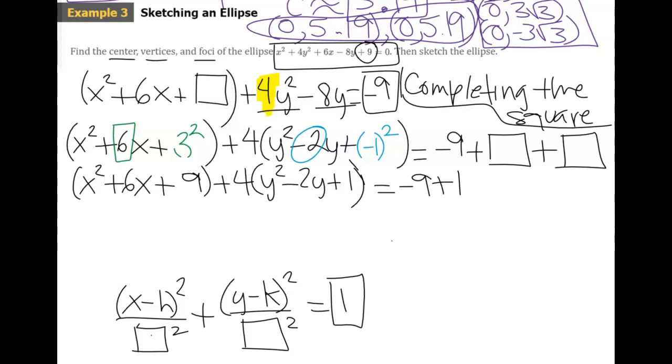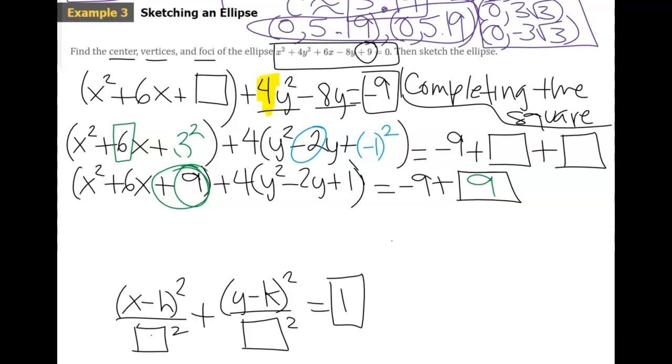So since we added 9 here, it's a +9, then we have to subtract it on the other side. And I'm sorry, I'm wrong. If it was on the same side, we will subtract it. But we're just going to do it to both sides. So this will also be a +9. That way we keep things balanced.